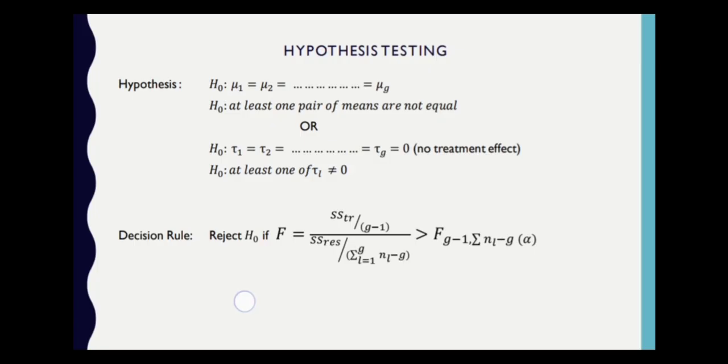Ataupun another term that you can use is using the notation of tau. Okay, H-not will be tau 1, tau 2 until tau G, okay, equal to 0, which is no treatment effect. Okay, if the mean for all population is equal, so we can say that there is no treatment effect.